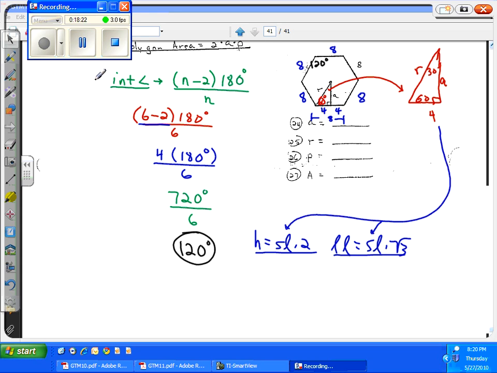Now what we know is the short leg is 4, so we can plug it in there and there. So the hypotenuse, which is the radius, is equal to the short leg, which is 4, times 2, so the radius is 8.